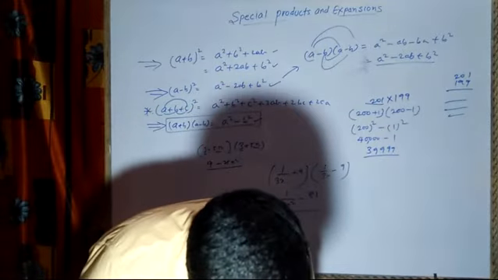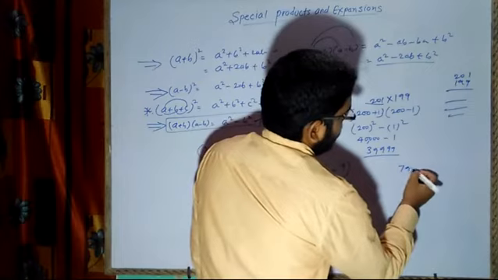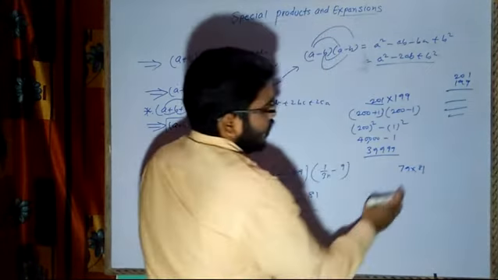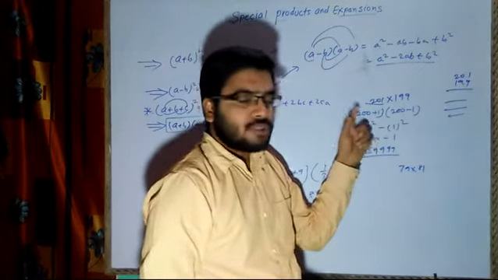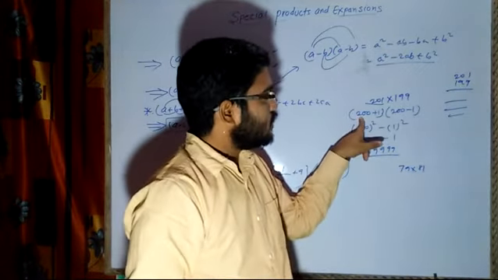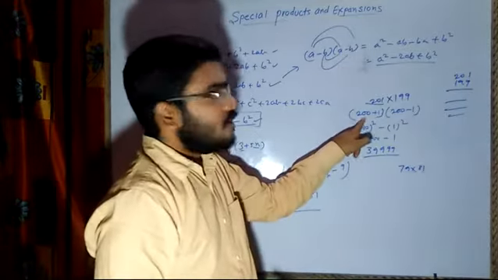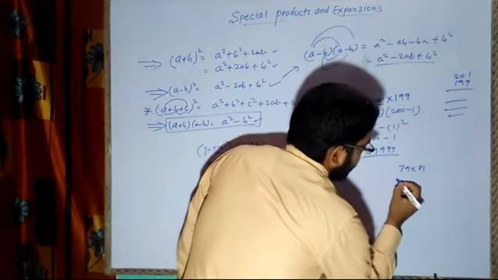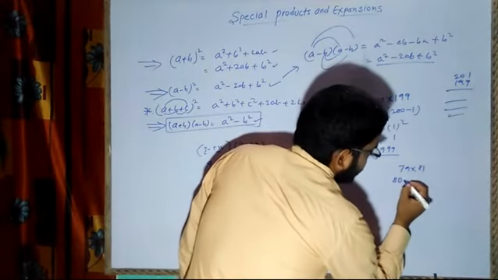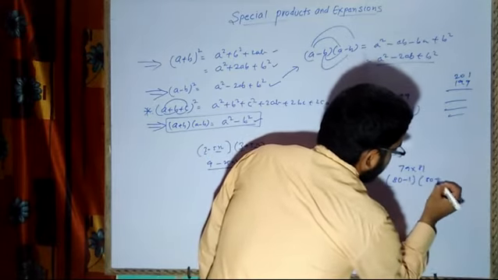Now the second number, if I go like 79 into 81. Why have we selected in such a way? We have to select the numbers in such a way that I should have the maximum number of zeros in the first term or second term. Like 79, I can write 80 minus 1 into 80 plus 1.